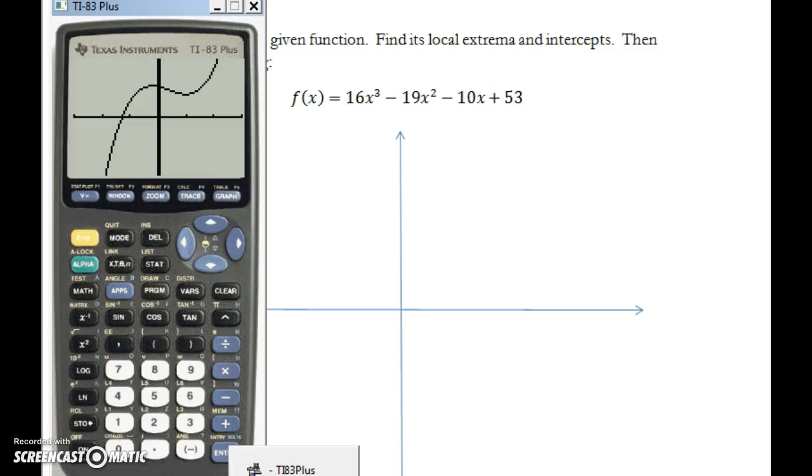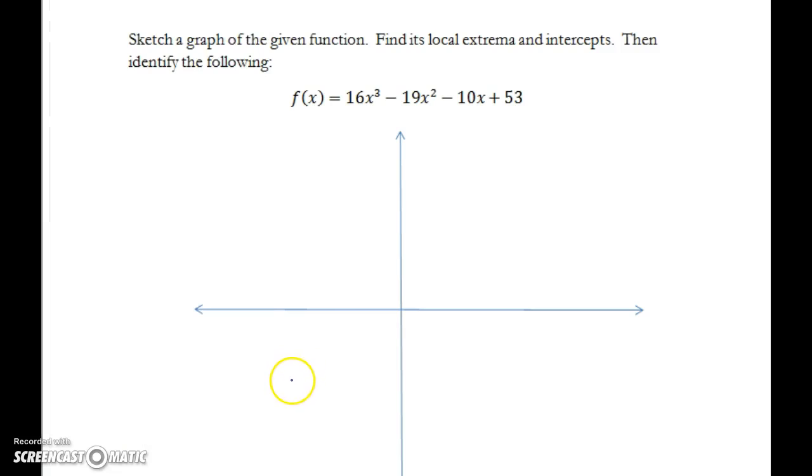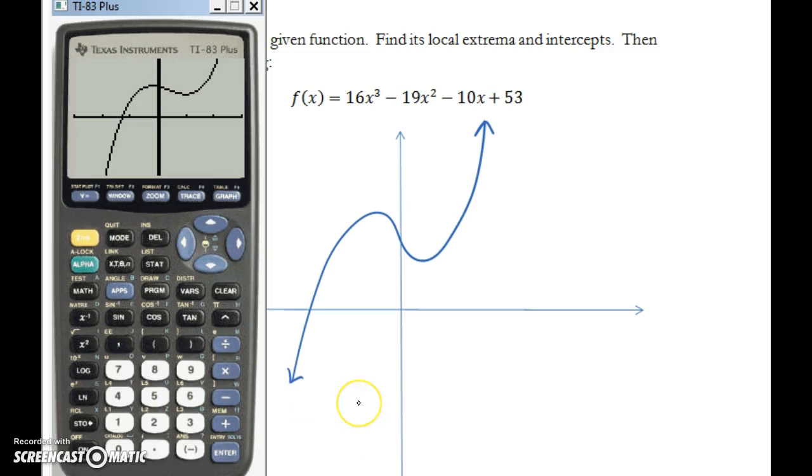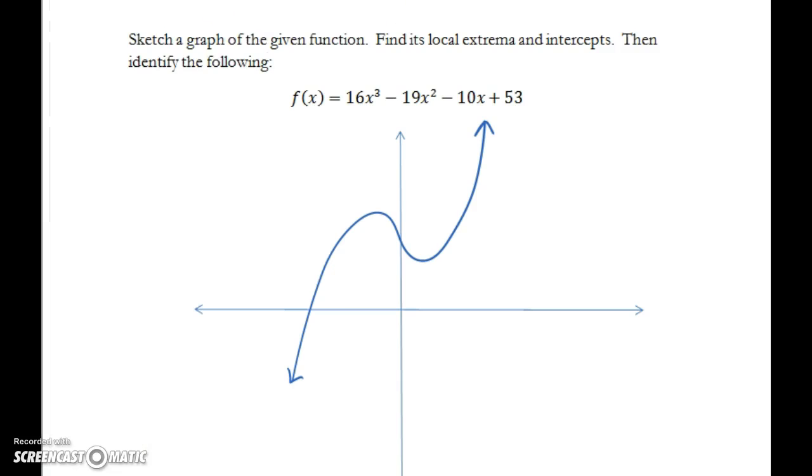All right, looks something like this. And we want to find the local max, min, and intercepts.